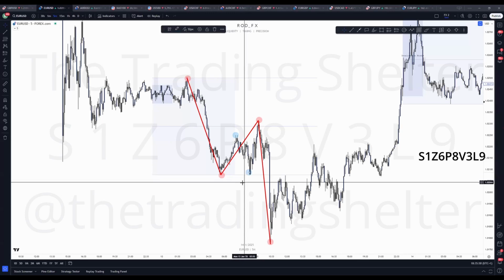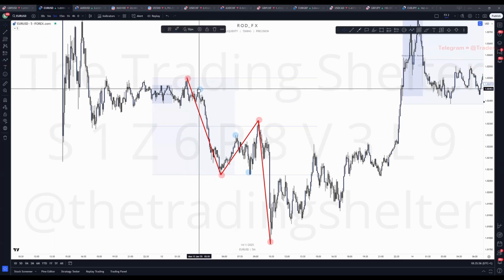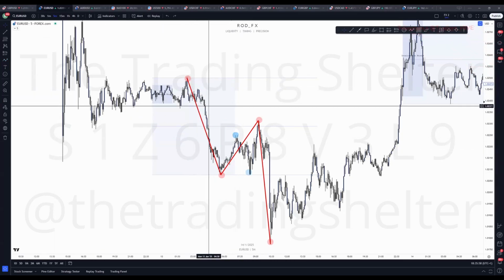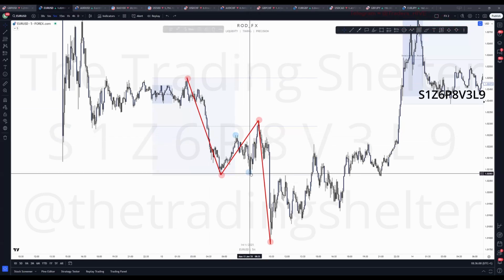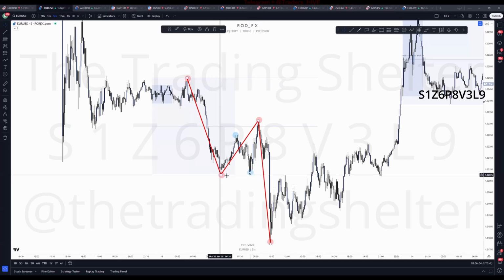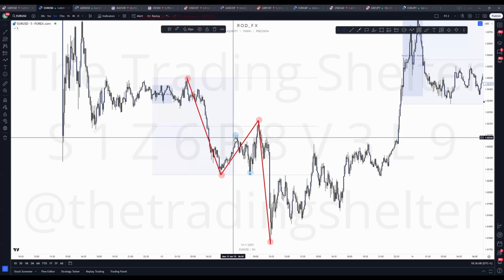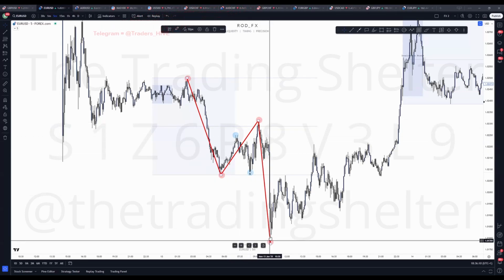So if we do it like this, of course, you could start putting dots on everything here, but it's completely irrelevant. Let's just mark the pushes. As you can see, this point here fails to make a new low, but then makes a significant high at this point, and then this point makes a new low.